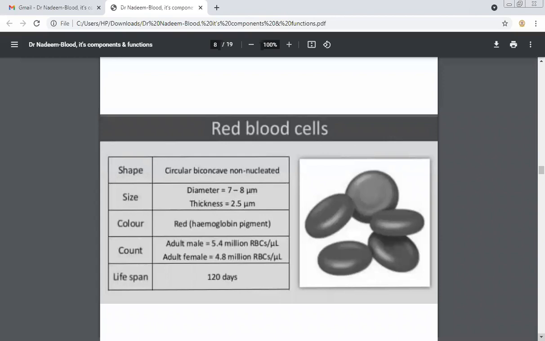And what is the count? What is the number of red blood cells? In an adult male, it is 5.4 million RBC per microliter, while in an adult female, it is 4.8 million RBC per microliter. Everybody knows the lifespan of RBC is 120 days.